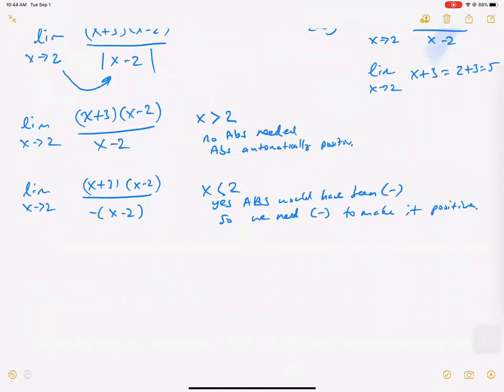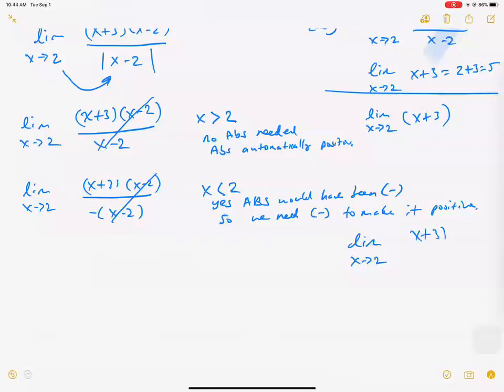So let's go ahead and plug in our two versions. This is going to divide out. See how they both divide out nicely now? And we're left with, I'll write this on the right, the limit as x approaches 2 of x plus 3, and over here the limit as x approaches 2 of x plus 3, but we have a negative 1 on the bottom.